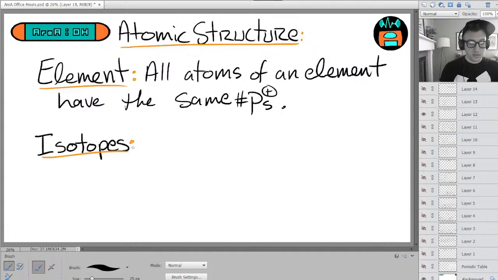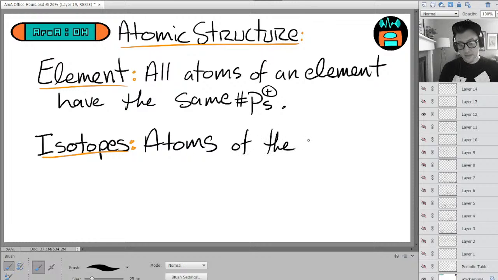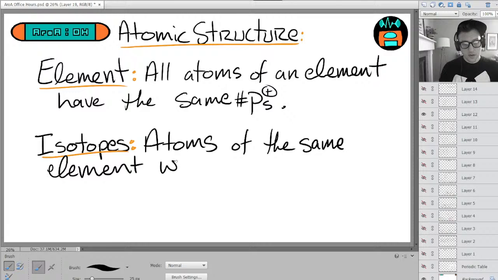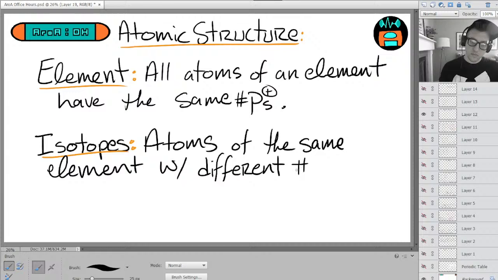Isotopes are atoms of the same element with different neutron counts. All right, so that is an isotope.